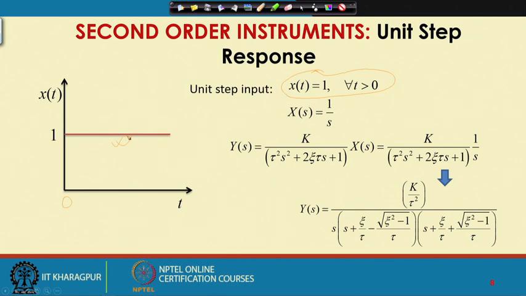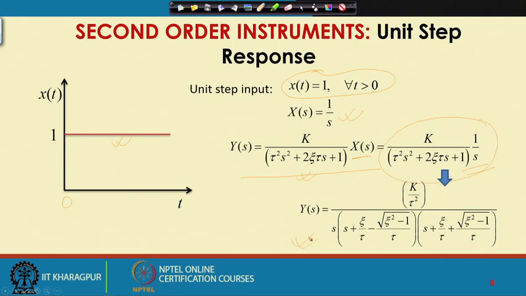We have seen previously that the Laplace transformation of x t equal to 1 is 1 by s. So, let us now make use of the transfer function equation, which is this. So, I have to put x s equal to 1 by s, I have done it here, and then I can rearrange to write this as this.